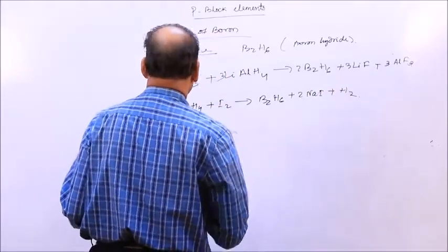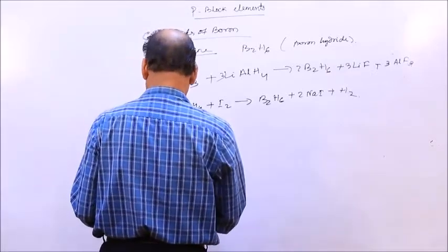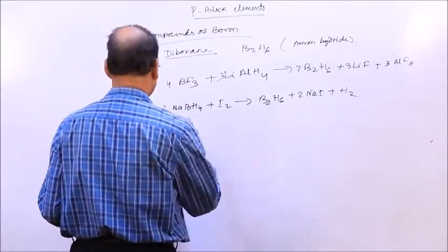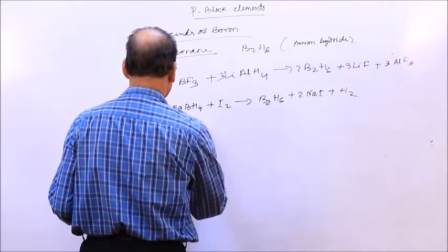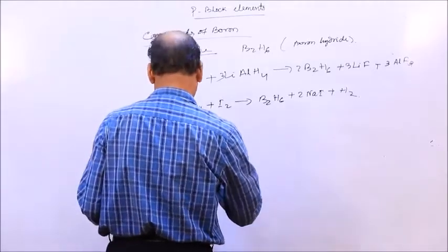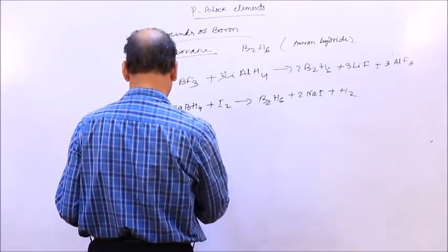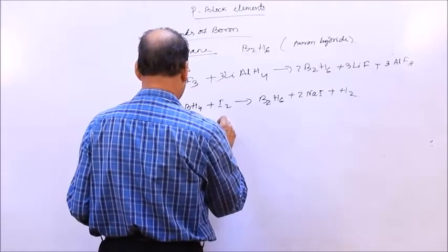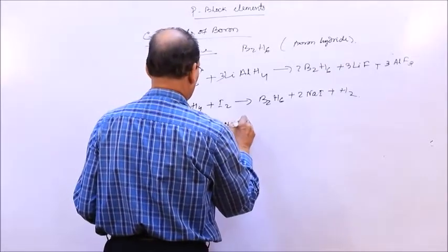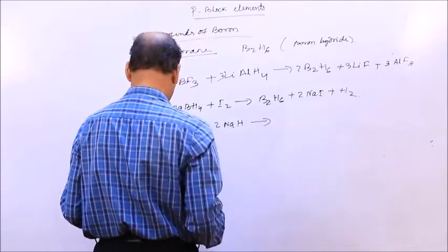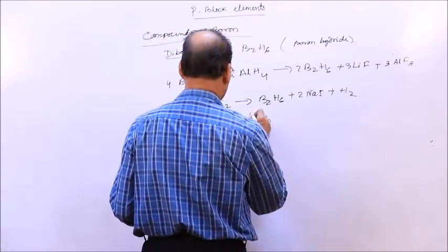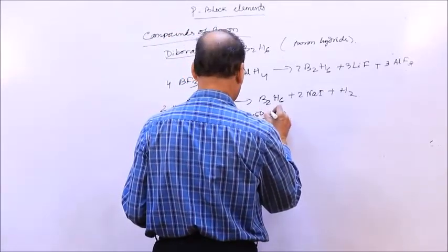But industrially it is prepared with sodium hydride. Boron chloride or boron trifluoride reacts with sodium hydride at 450 Kelvin.